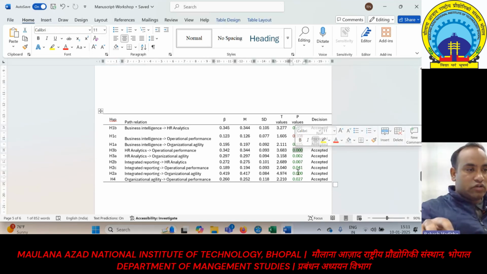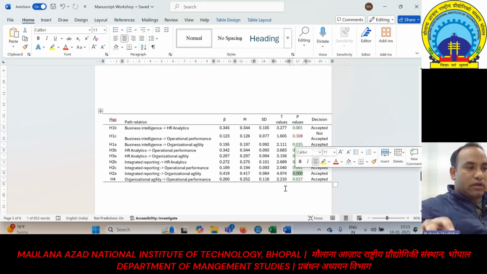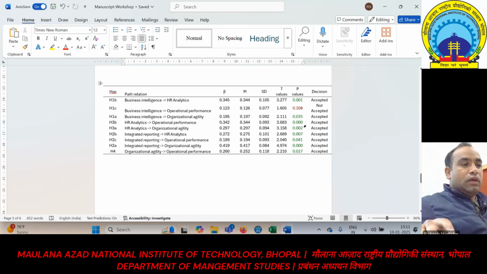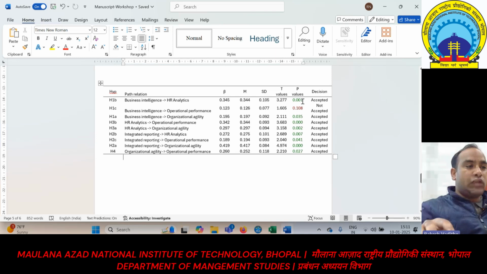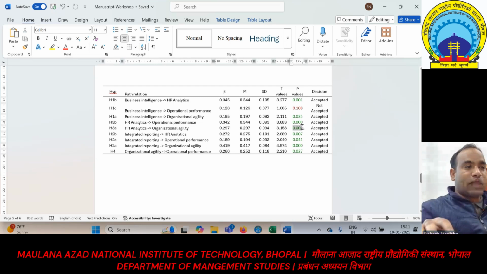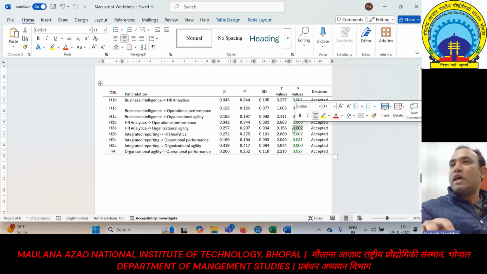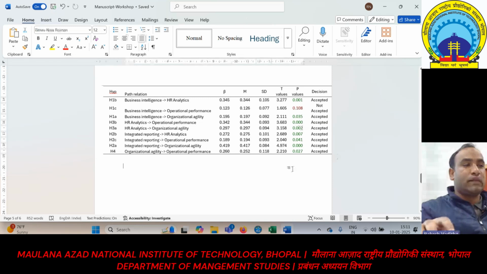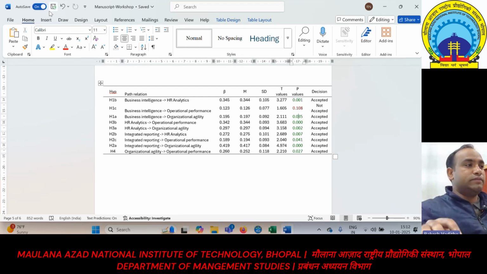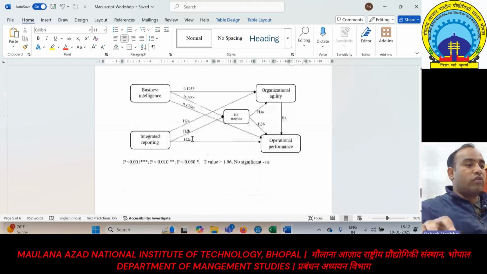One relation is having all zeros, two relations are having all zeros, meaning a high level of significance as compared to the others. Then those below 0.010, this one and this one, as compared to the remaining ones, these two are having moderate significance. Then this one is also significant, but as compared to the other relations, it has less significance. We have to conclude like this. Here we have to mention like this.